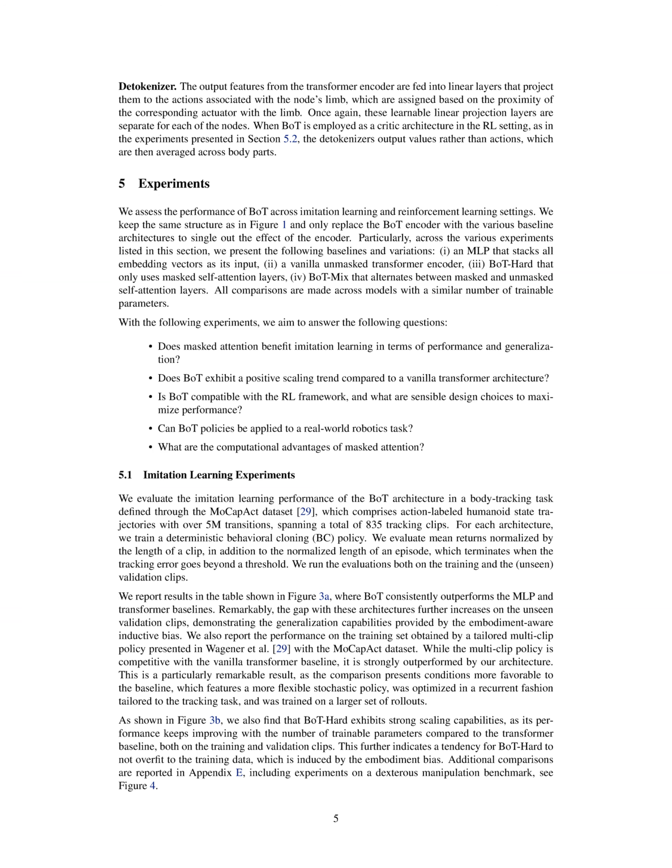The most significant results achieved with the body transformer (BOT) method include its consistent outperformance of baseline models, such as MLP and vanilla transformers, in both imitation learning and reinforcement learning settings. Specifically, in the imitation learning experiments on the MoCapAct dataset, BOT demonstrated superior generalization capabilities, with performance gaps widening on unseen validation clips, indicating its embodiment-aware inductive bias effectively enhances learning.